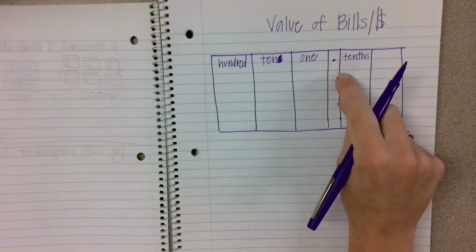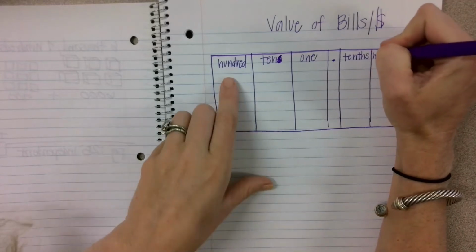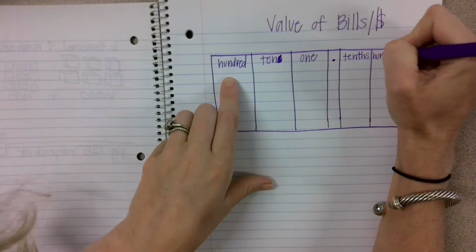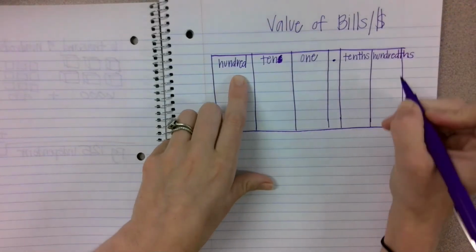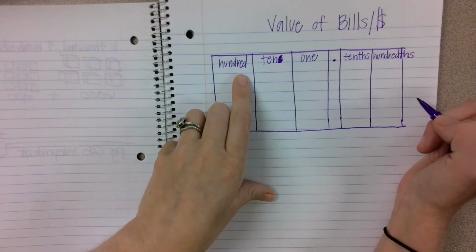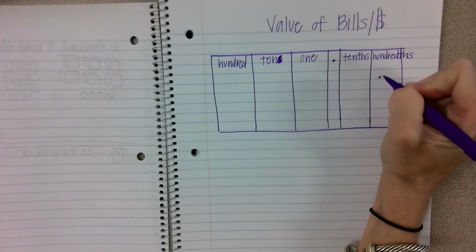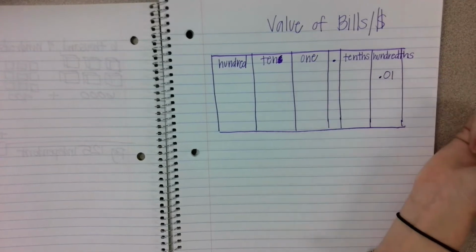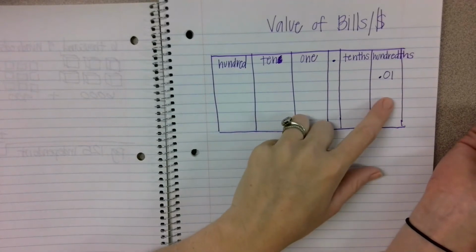Okay, and then the place value to the right of the tenths is our hundredths. We put a THS on the end. Okay, so this would represent 0.01.